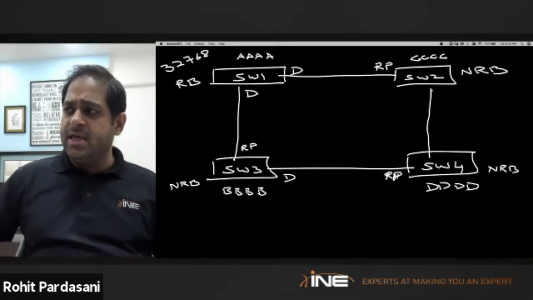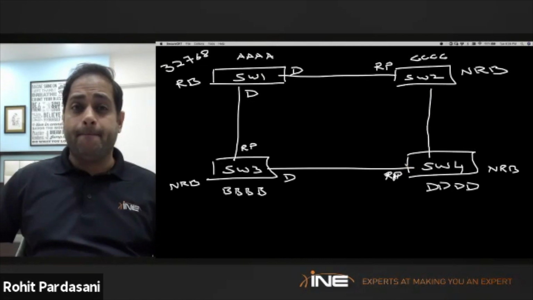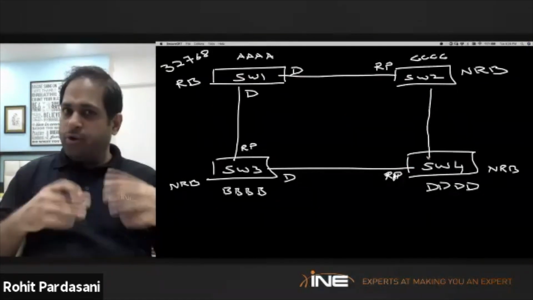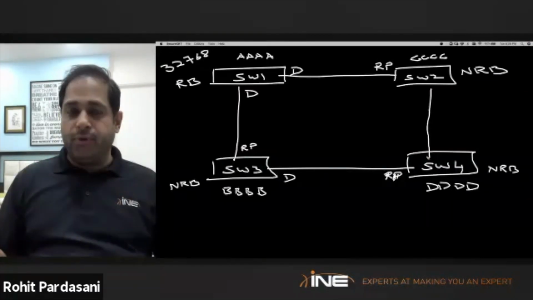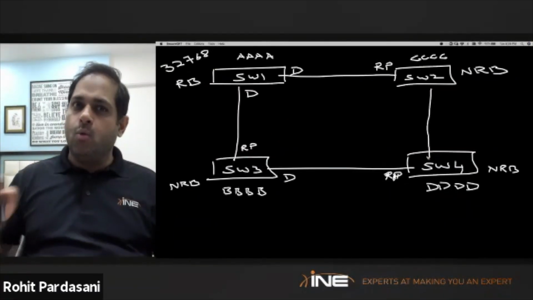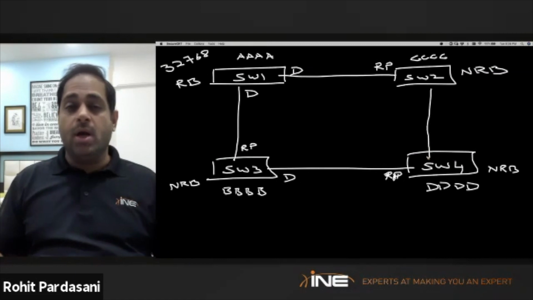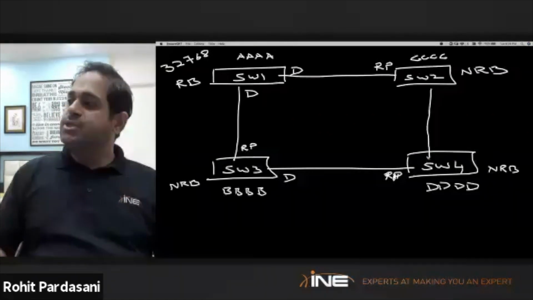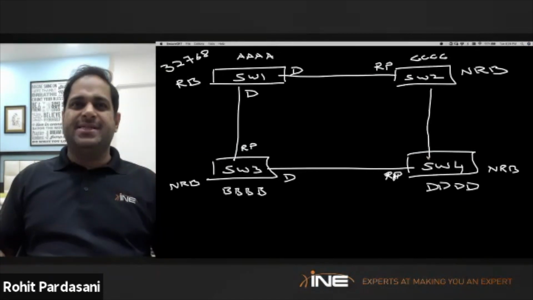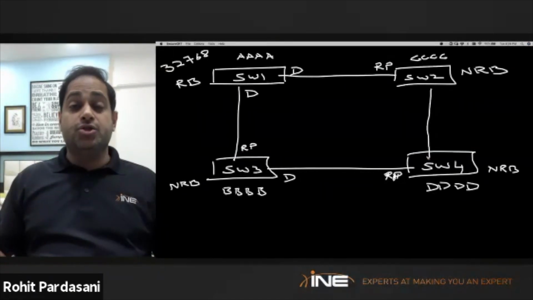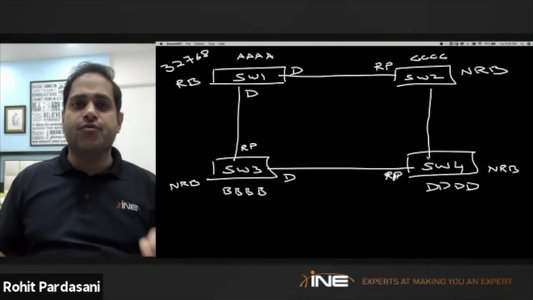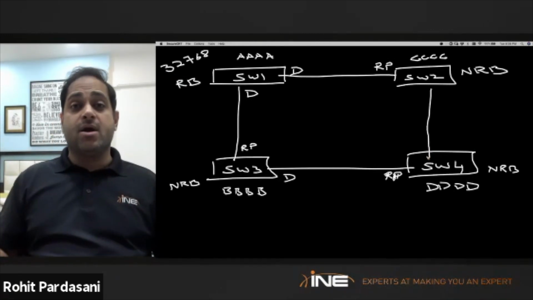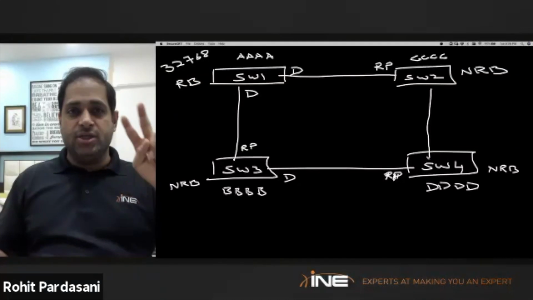Now I have this link left. This link, again, which port? Both cannot be designated. Both cannot be blocked. One has to be designated, one has to be blocked. So which one? Here, switch 2 would say, my cost to the root bridge is 100. Switch 4 says, my cost to the root bridge is 200.